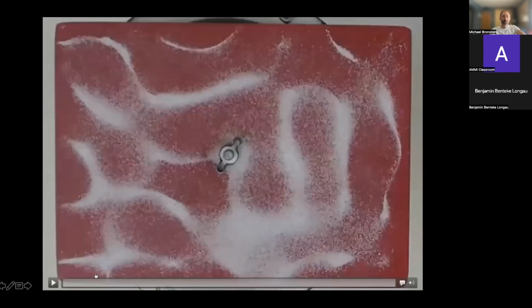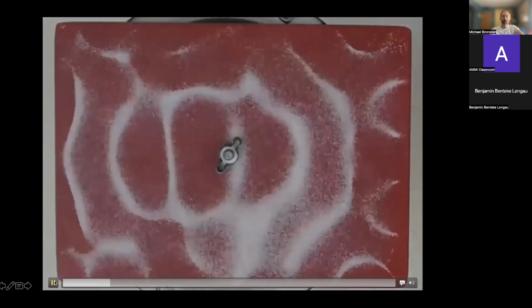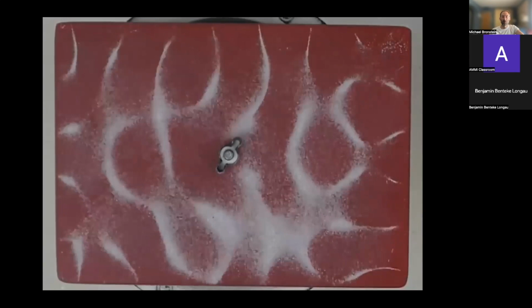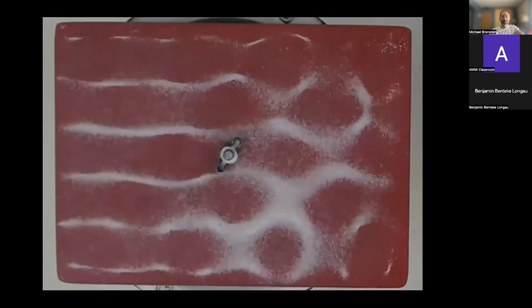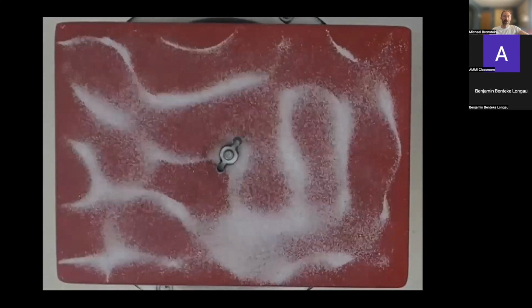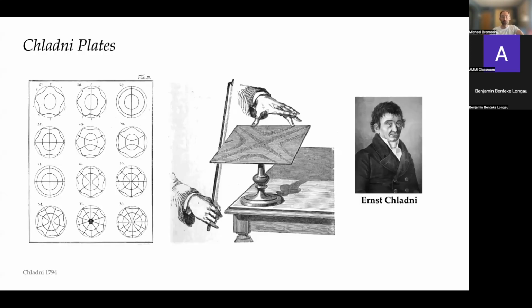Another experiment that you can do. I'm not sure you will hear the sound, but basically here is a plate with a thin layer of sand on it, and if you apply vibrations of different frequencies, you see that at some frequencies certain patterns will be forming. This experiment was first done by a German physicist called Ernst Chladni in the 18th century. Basically he tried to visualize how different instruments sound.